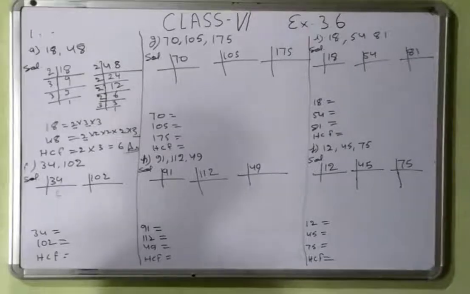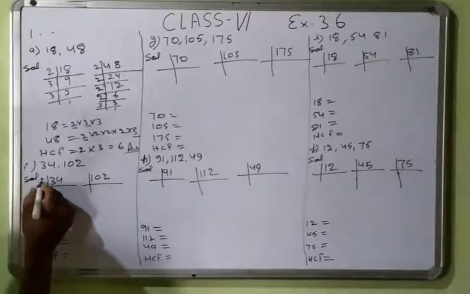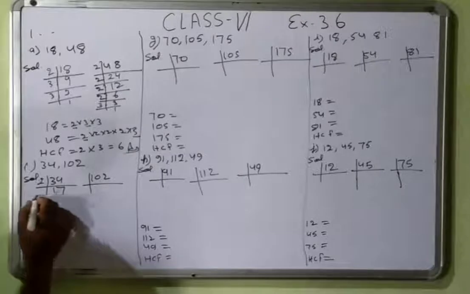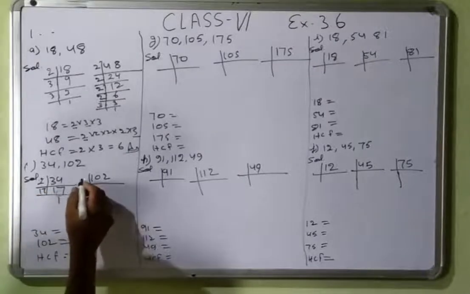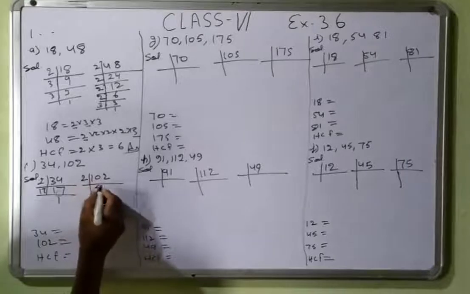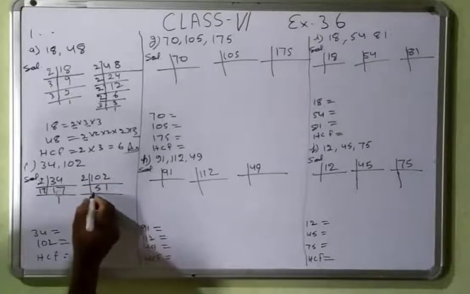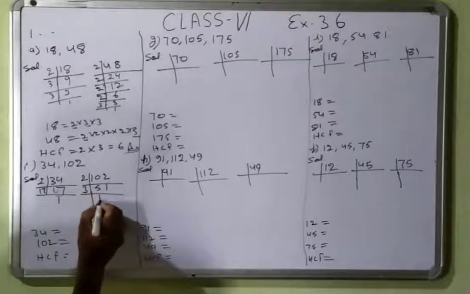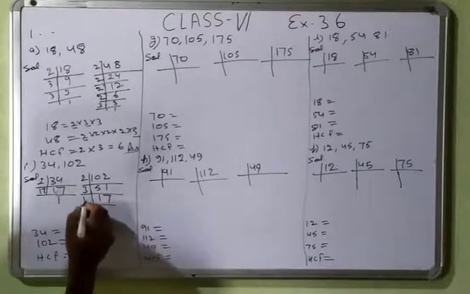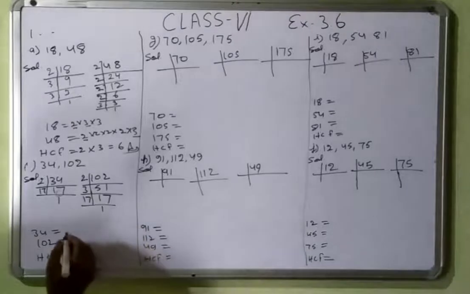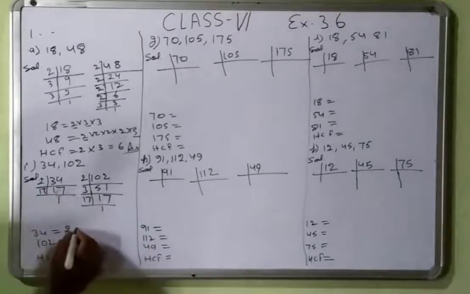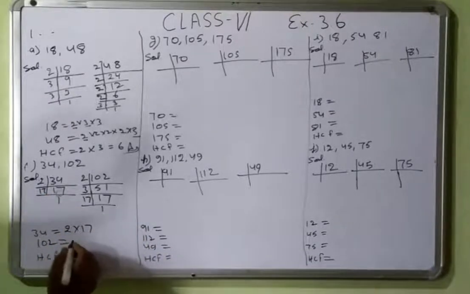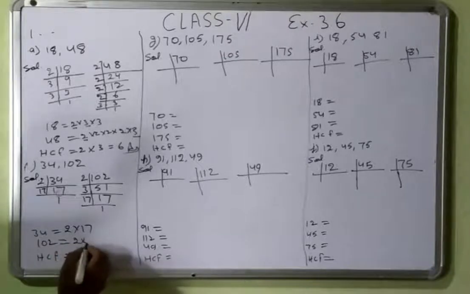34 and 102. So 34 can be divided by 2: 2 seventeens are 34, 17 ones are 17. Here 102 divided by 2: 2 fifty-ones are 102, then 3 seventeens are 51, and 17 ones are 17. So the factors of 34 are 2 into 17, and the factors of 102 are 2 into 3 into 17.